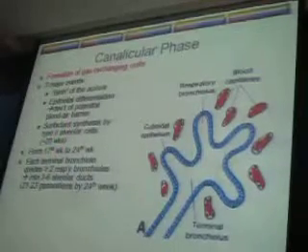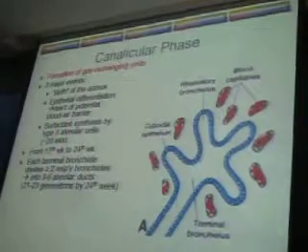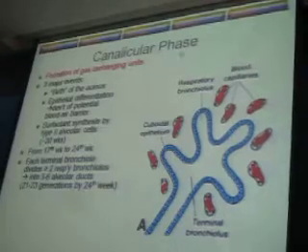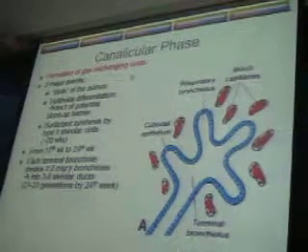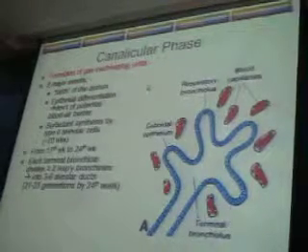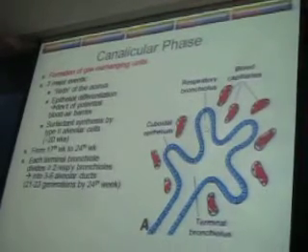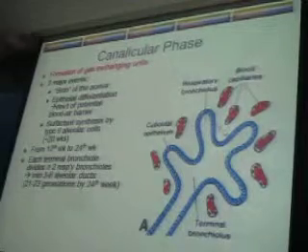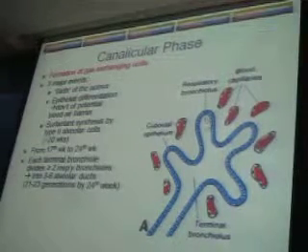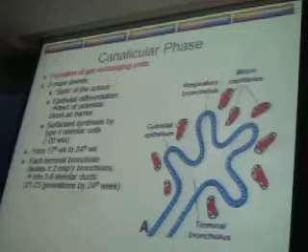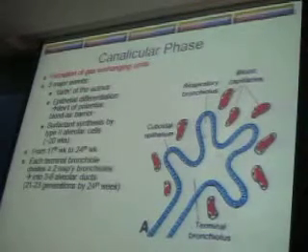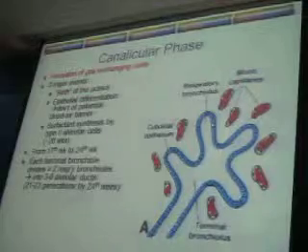Okay? So going to the canalicular phase now, at this phase you will have the formation of your gas exchanging units. Okay? So there are three major events here. You have the birth of your sinus, continuous epithelial differentiation. So at this point, as also mentioned by Dr. Domingo, you will have a potential blood-air barrier.